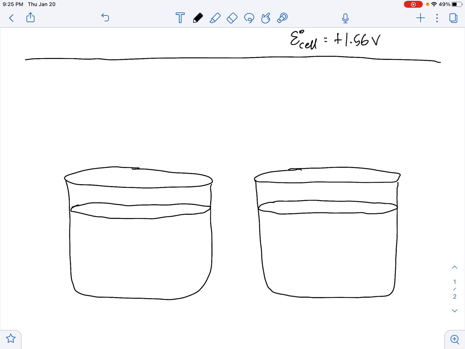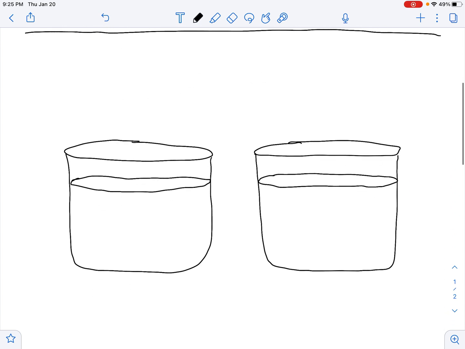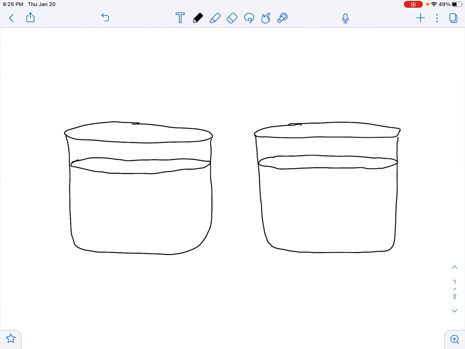So if my two half cell reactions are zinc oxidizing and silver reducing, in each of these beakers I'll have a piece of silver sitting in a solution of silver ions, and I'll have a piece of zinc sitting in a solution of zinc ions. That's how I set the thing up.